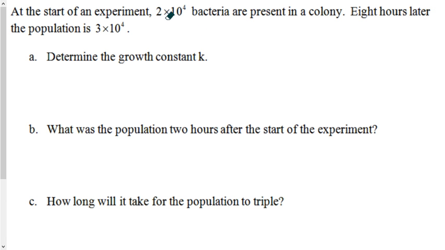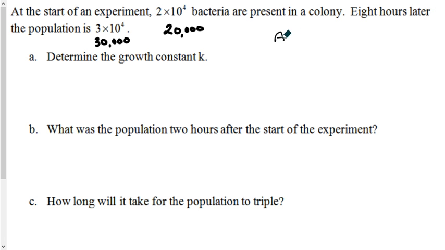So the first thing to note is that we have 2 times 10 to the 4th bacteria in a colony, and then 8 hours later the population is just a little more. It doesn't look like it's that much more, but it really kind of is, because 2 times 10 to the 4th is 20,000. And then 8 hours later, the population is already at 30,000. So determine the growth constant k.